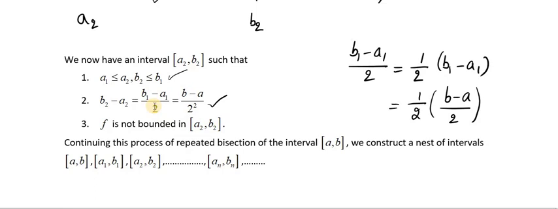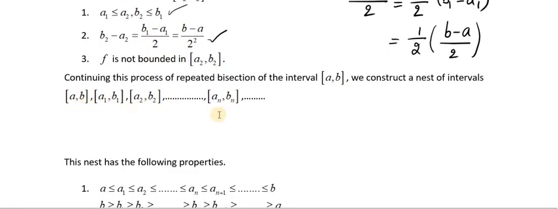That means one interval contains another interval, another interval contains other intervals. These are the intervals. First one is closed interval a comma b. In this interval, a1, b1 is existing. In this interval, a2, b2 is existing. Like that, we are going to get nest of intervals.